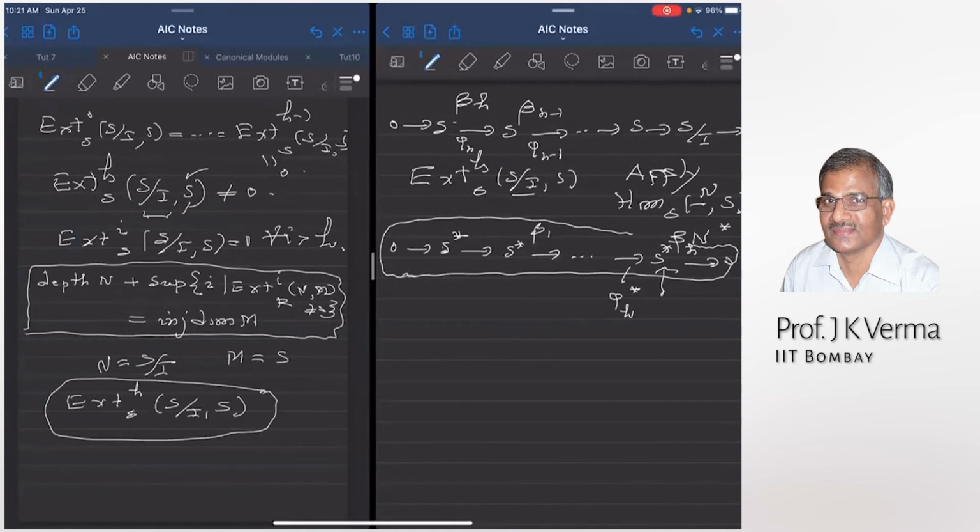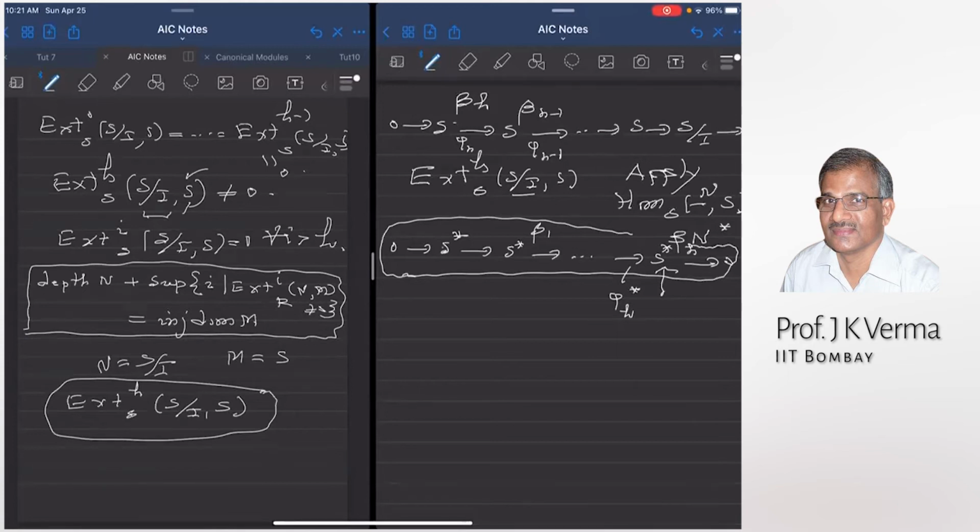So these phi H minus 1, etc., are represented by some matrices, because these are maps between free modules, whose entries are in the maximal ideal. When I apply Hom(-, S), this sequence gets reversed and the matrices get transposed.